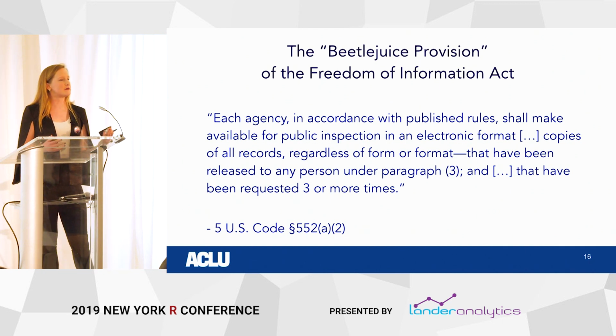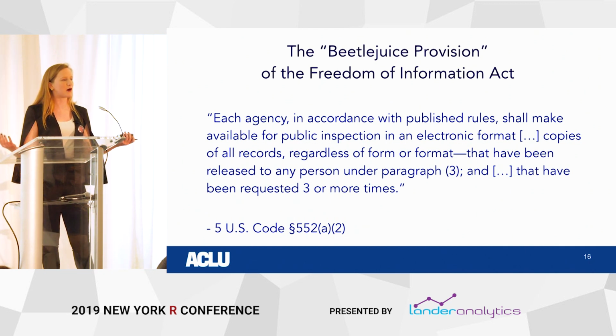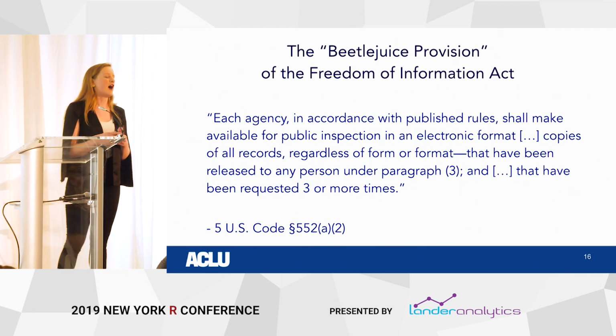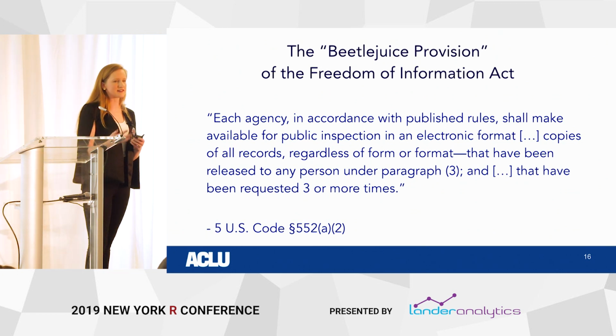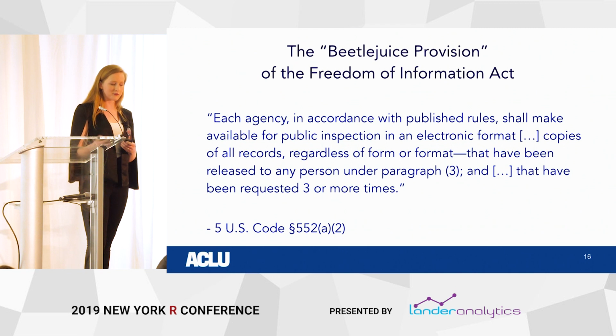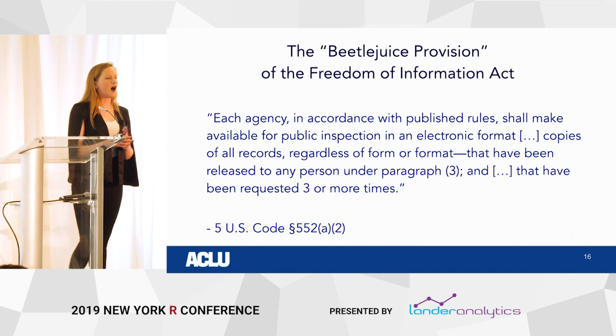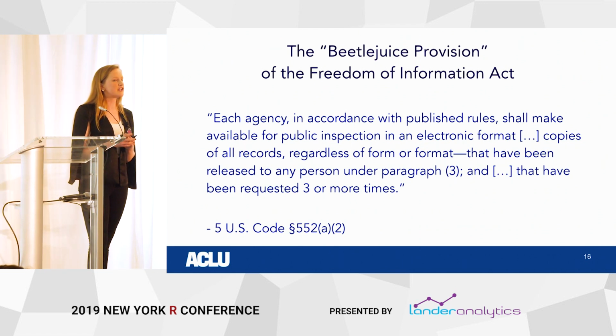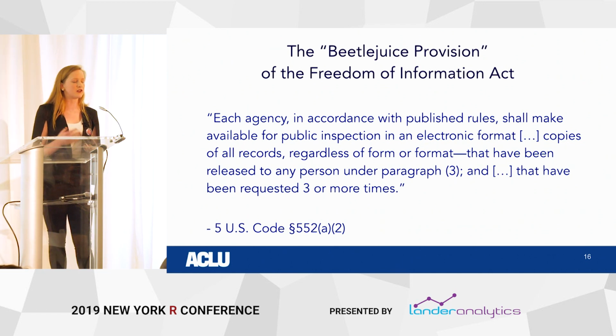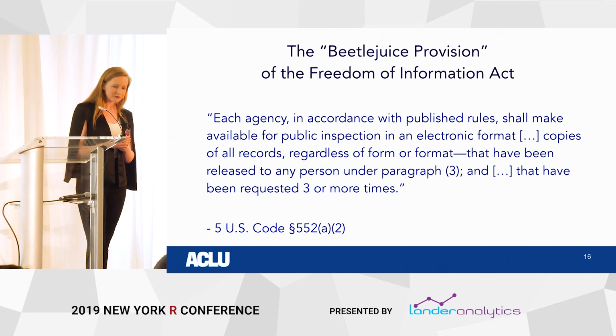And when you FOIA for the same data 3 times in a row, when 3 separate parties FOIA for the same data, the government is required to put that somewhere online, accessible. So that has happened with EOIR data, and so now all of this immigration court data is publicly available and hosted on the Justice Department's website.